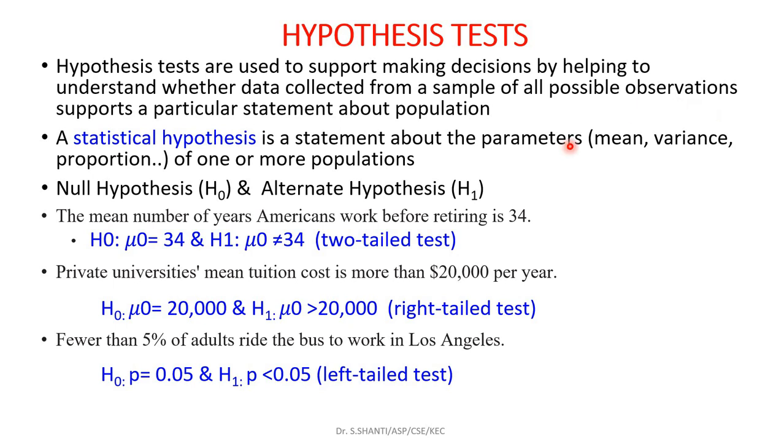A statistical hypothesis is a statement about the parameters of one or more populations. The parameters may be either mean, variance or proportion or something else. When we go with hypothesis testing, there are two types of hypothesis: one is the null hypothesis, another one is the alternate hypothesis. The null hypothesis is always defined by using the equality operator.